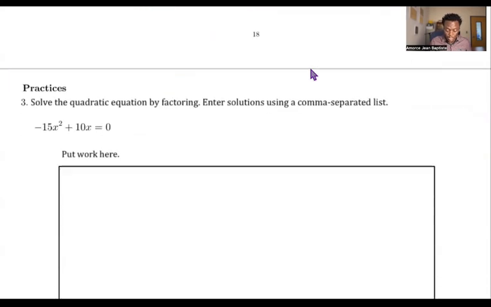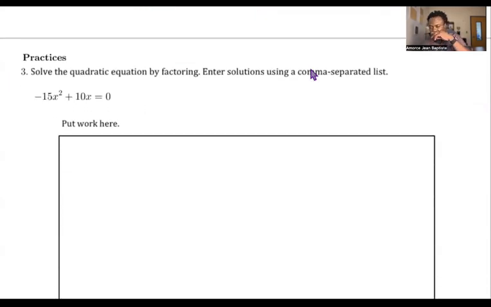We got more examples. In this one, you must factor the GCF because we're missing the C term, missing the constant. So when it's missing the constant, you should factor the GCF and then apply the zero product property.